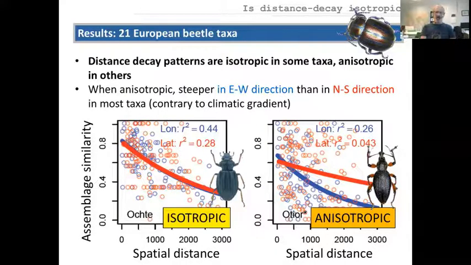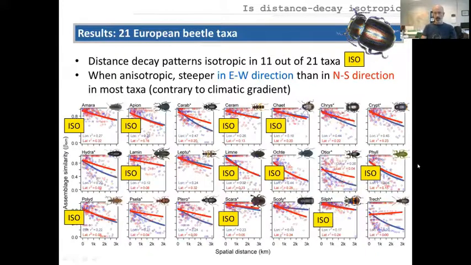The usual thing is to find a quite isotropic pattern with both curves almost identical, like in this example. And when we find anisotropy, as in the European amphibians, the turnover is faster in the east-west direction compared to the north-south direction. So here you have all the examples.